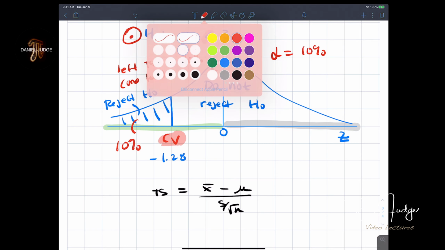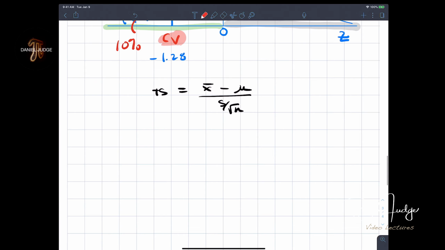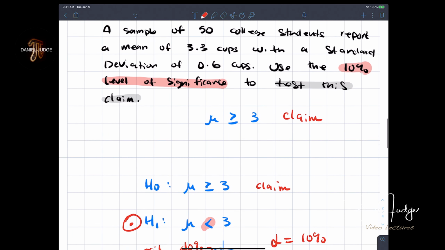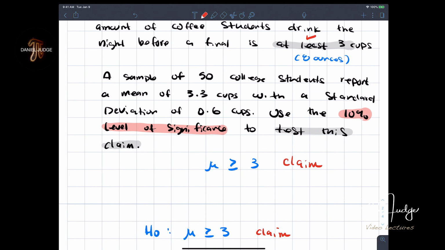Oh, we got to take the sample. Not really. They're going to give us sample information. Say, what sample information are they going to give me? Well, let's see. I guess we did it in red earlier, right? A sample of 50 college students. Oh, that's N. Report a mean of 3.3.